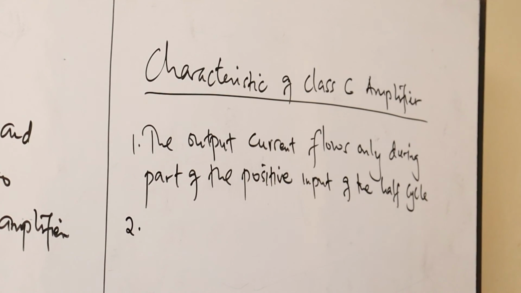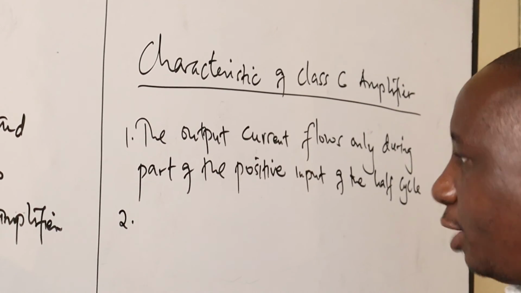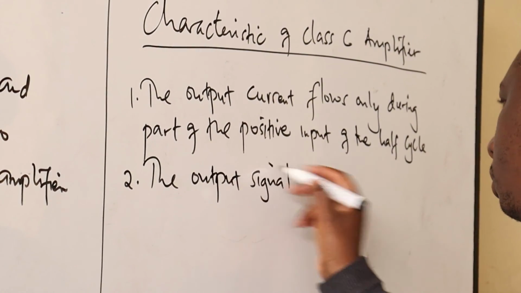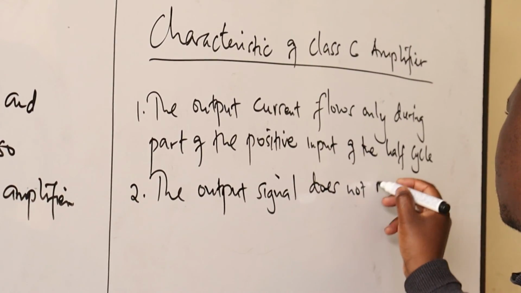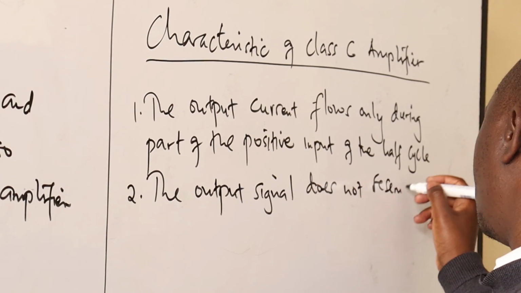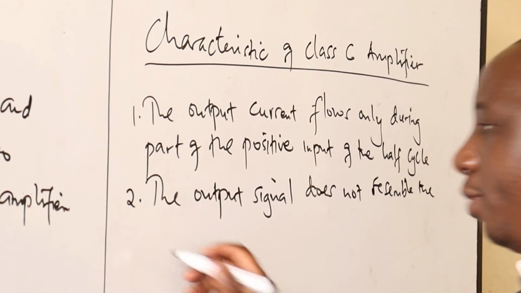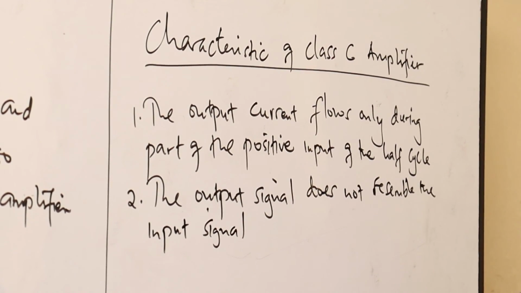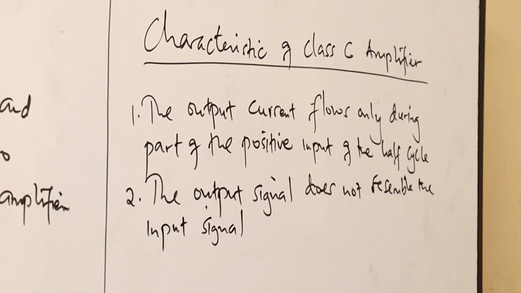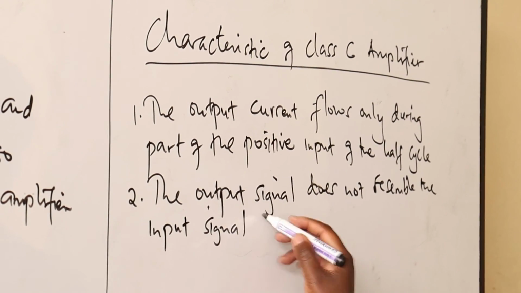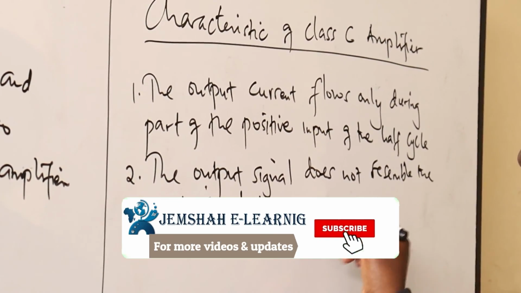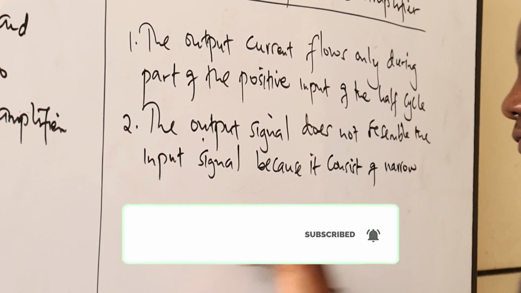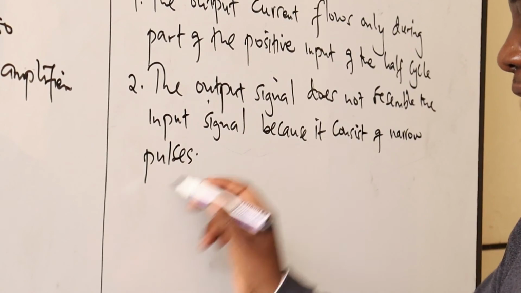Number 2, the output signal does not resemble the input signal because it consists of narrow pulses.